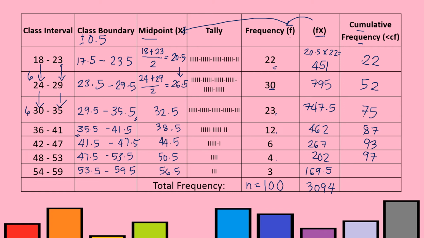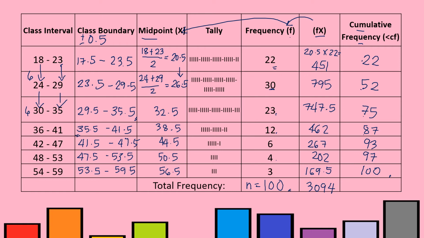So 97 plus 3 is 100. The last CF is the total number of frequency. So that is how you complete the frequency distribution table for us to solve the measures of central tendency in grouped data.